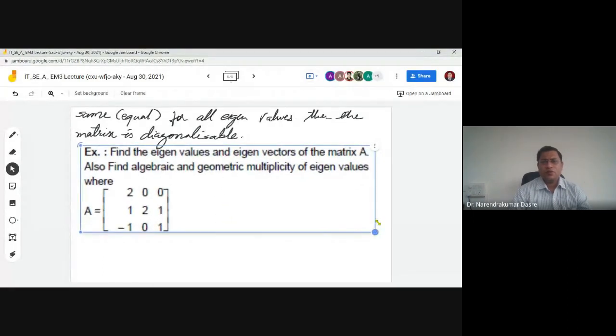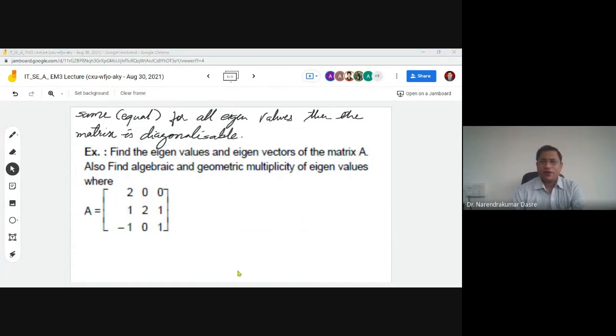So we have the question: find the eigenvalues and eigenvectors of this matrix, and then we also have to find the algebraic and geometric multiplicity of the eigenvalues. Basically, we just have to find the eigenvalues and eigenvectors, and we can decide whether this matrix is diagonalizable or not. So let's go with the solution.